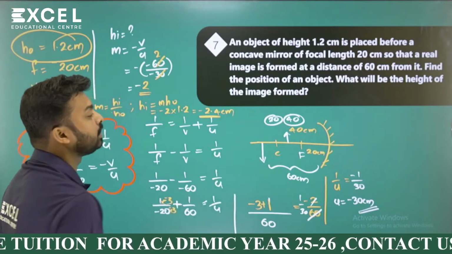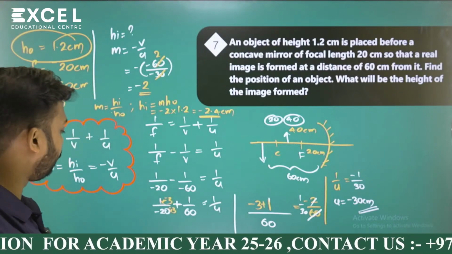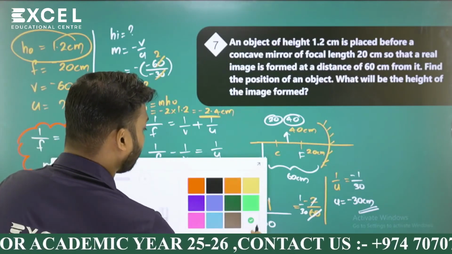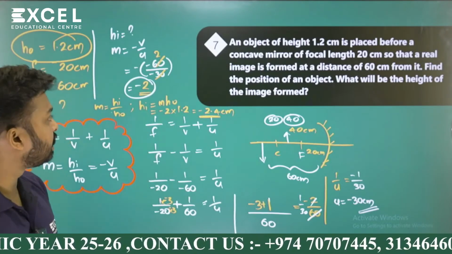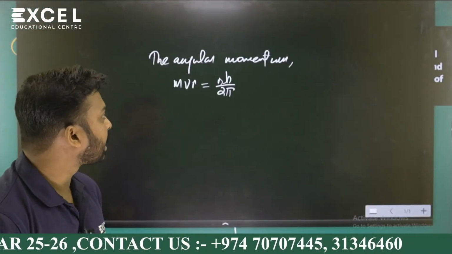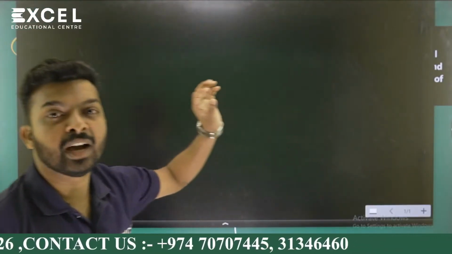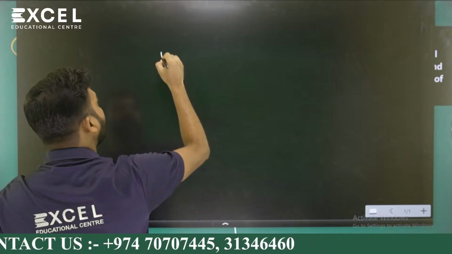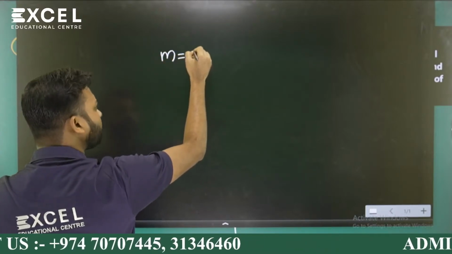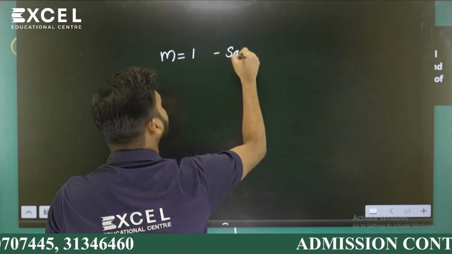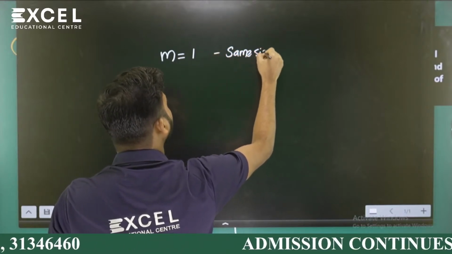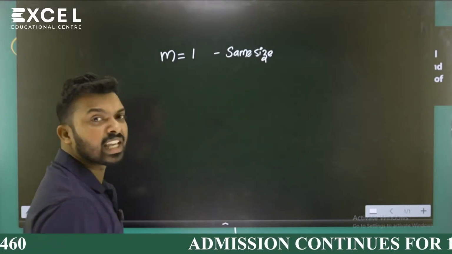Listen, all of you, one thing. Here the magnification is equal to minus 2. Magnification will give you some idea about the image formed. Magnification equal to 1 means it is the same size.